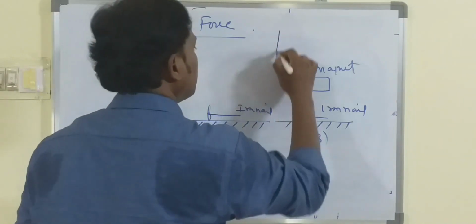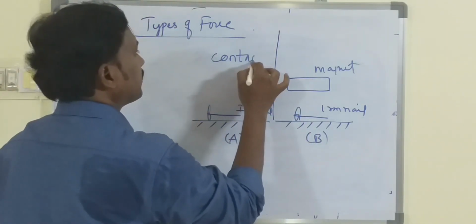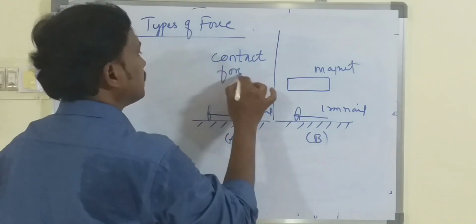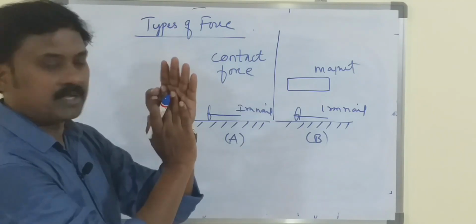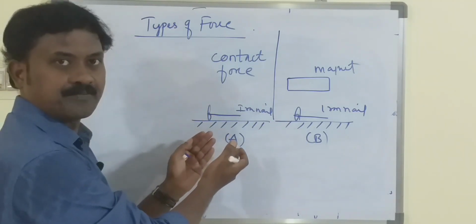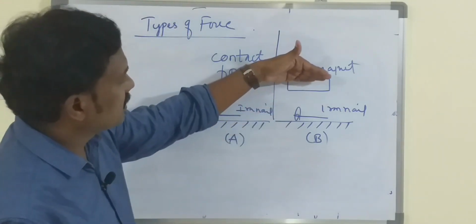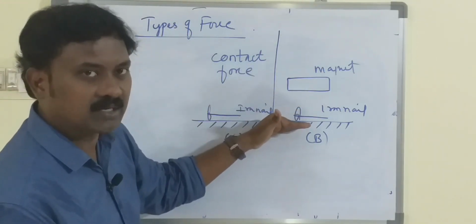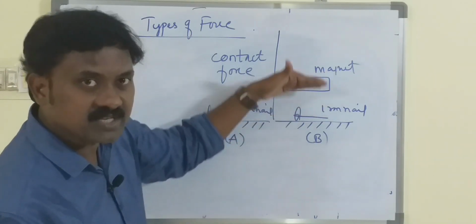Okay, so this kind of force generally we call a contact force. Why? Because there is a physical contact between my body and this iron nail. But coming to the magnet, there is no physical contact between the magnet and the iron nail. The force was applied from some distance itself.